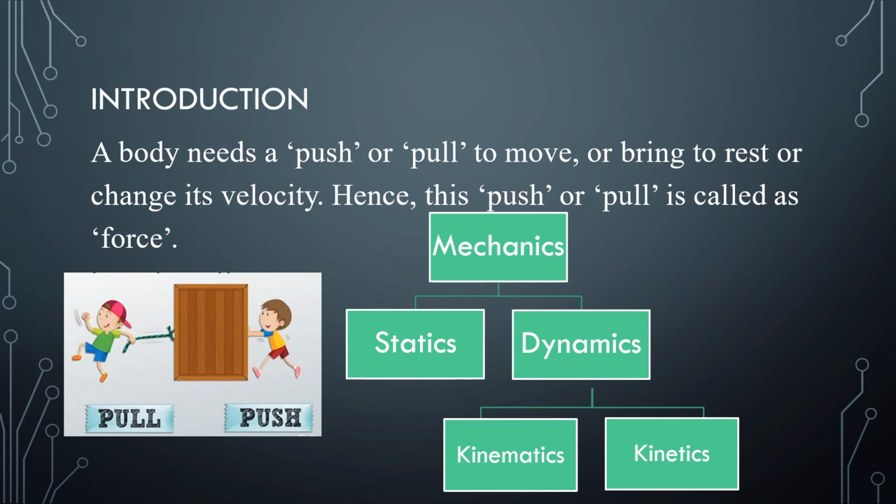In a common man's understanding of motion, a body needs a push or pull to move, to be brought to rest, or to change its velocity. Hence, this push or pull is called force. Let us define force in a more scientific manner using three laws proposed by Sir Isaac Newton.